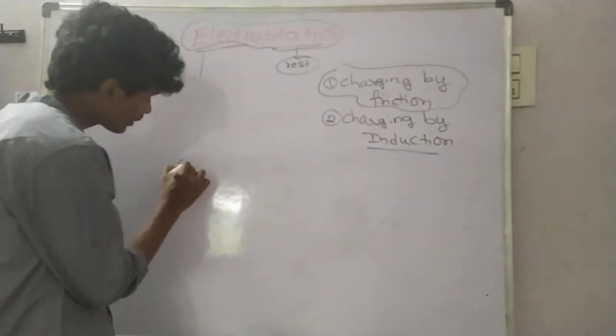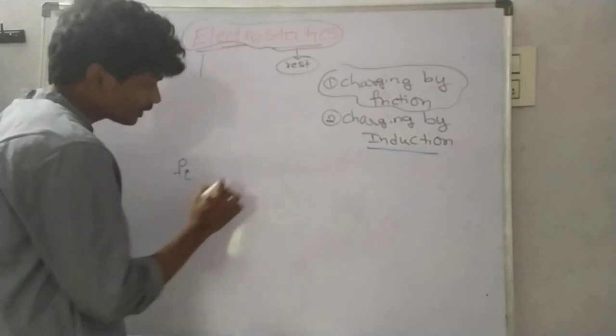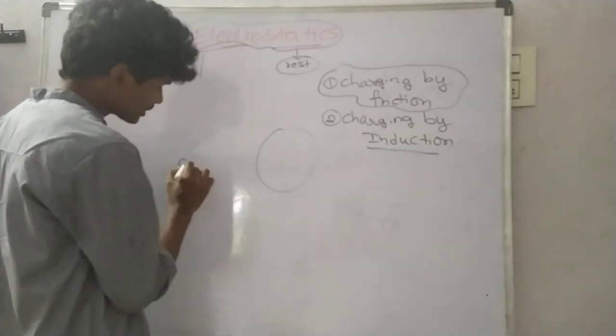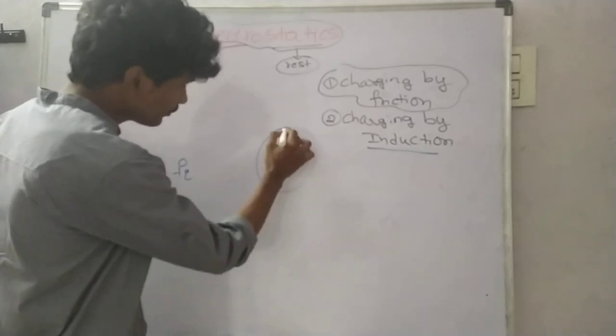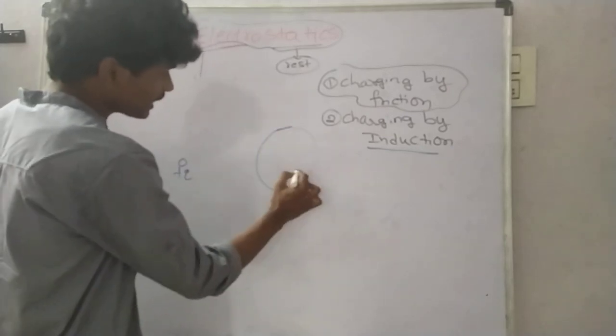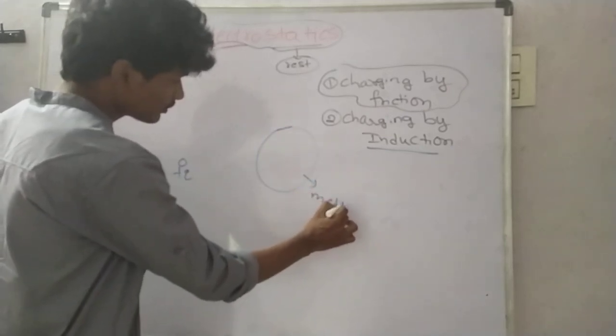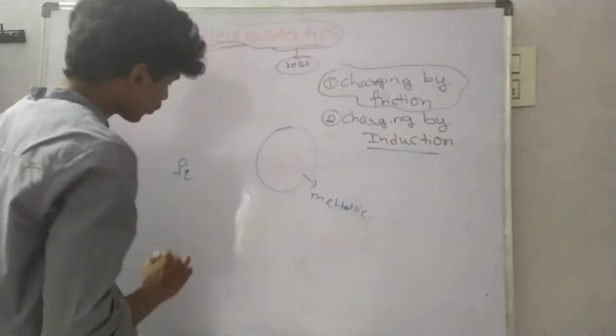For example, let us consider a charge Q, and there is a metal sphere separated by some distance. The distance is not large. If this is a metallic sphere, it will have a large number of free electrons.